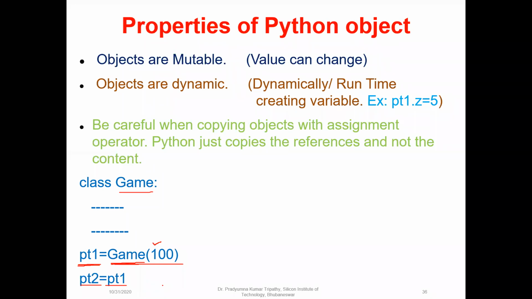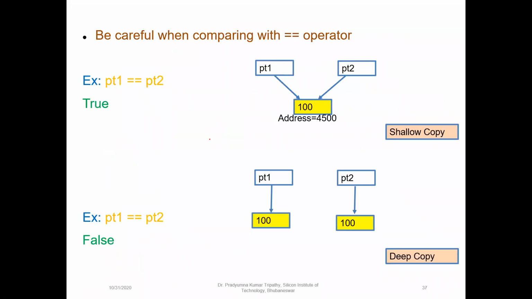PT2 is actually pointing to PT1 because both are pointing to the same location. So this can be understood over here. So the case that I have explained, that means it is actually a shallow copy. We said it is a shallow copy. So both are pointing to that 100 actually, PT1 and PT2 to the same location. So if I compare in that case, it returns true.